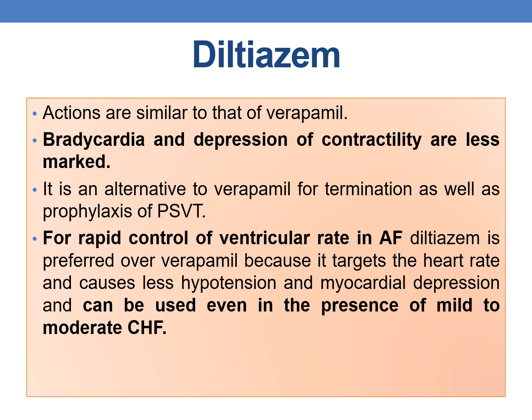In addition, for rapid control of ventricular rate in atrial fibrillation, Diltiazem is preferred over verapamil because of its preferential targeting of heart rate, and it causes less hypotension and myocardial depression. Since Diltiazem causes less hypotension and myocardial depression, it can be used even in the presence of mild to moderate congestive heart failure.